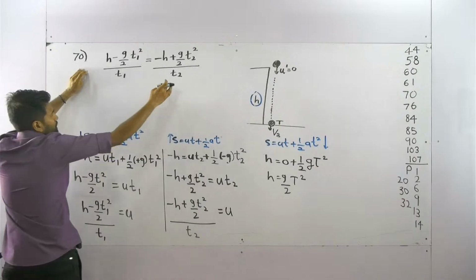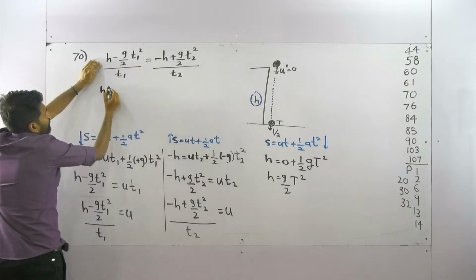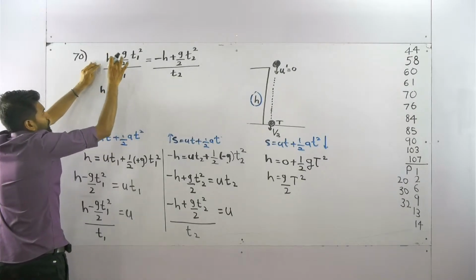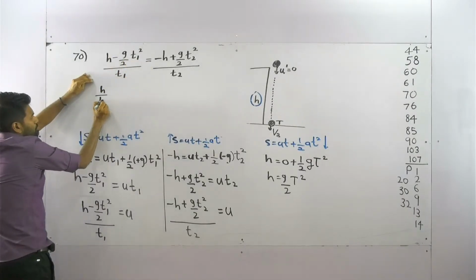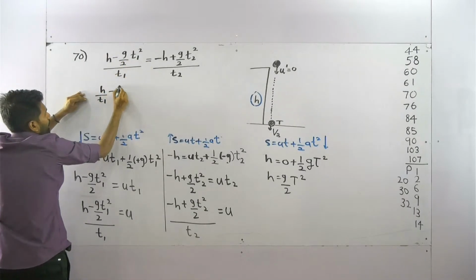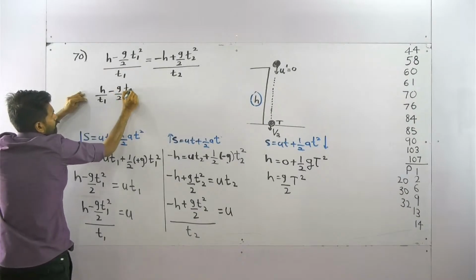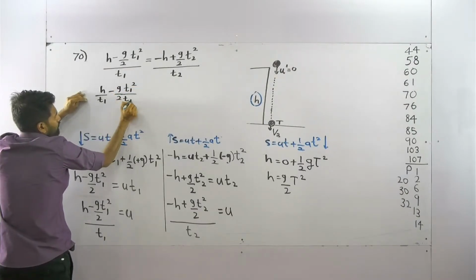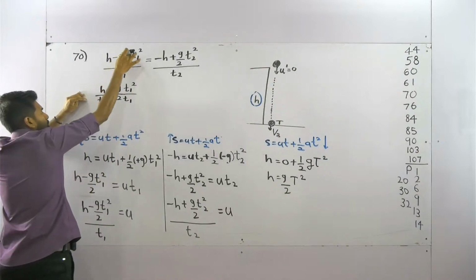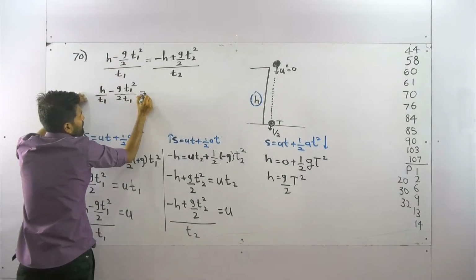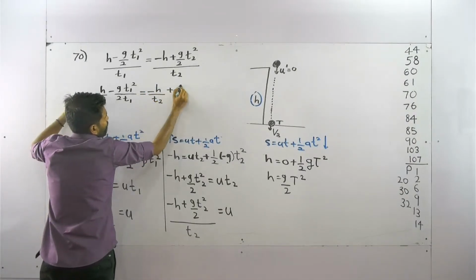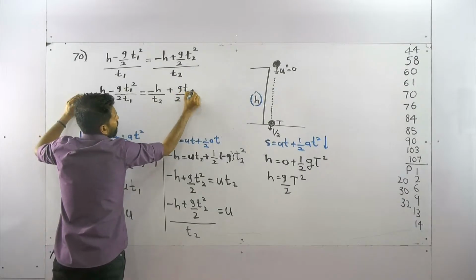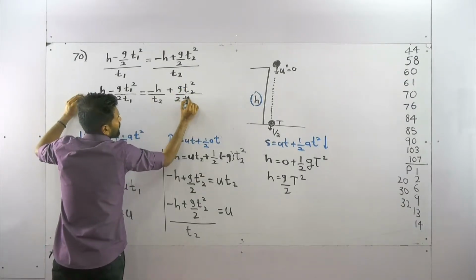To do that, initially I am dividing them. Here I have a division. So h over t1 minus g over 2 t1 square over t1 is equal to minus h over t2 plus g over 2 t2 square over t2.